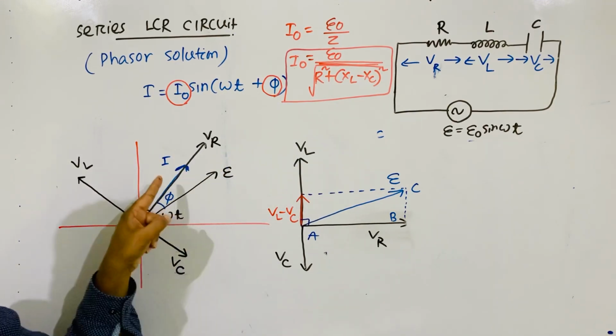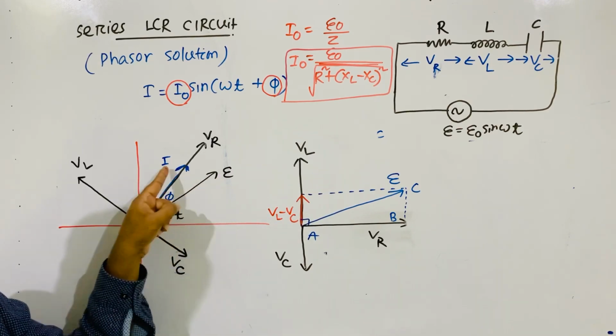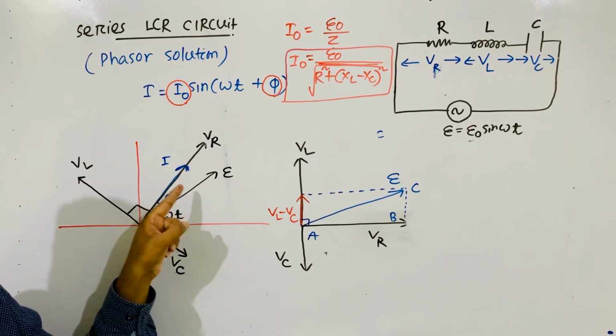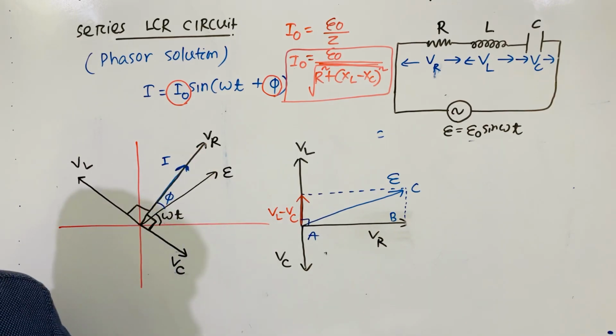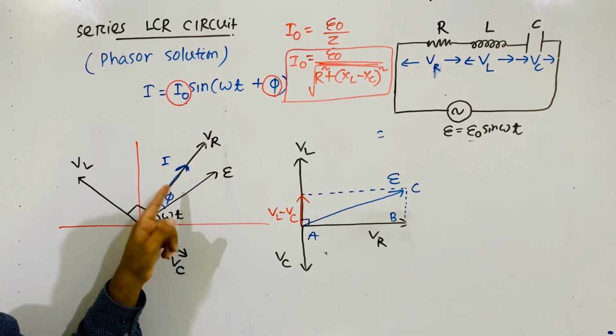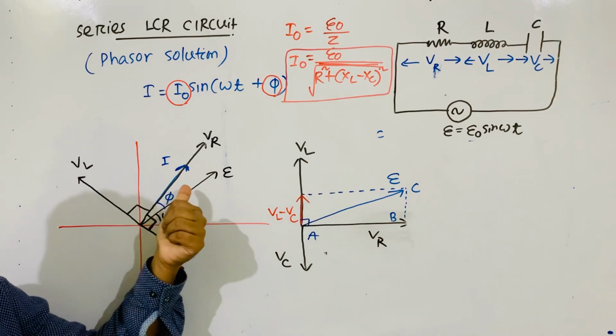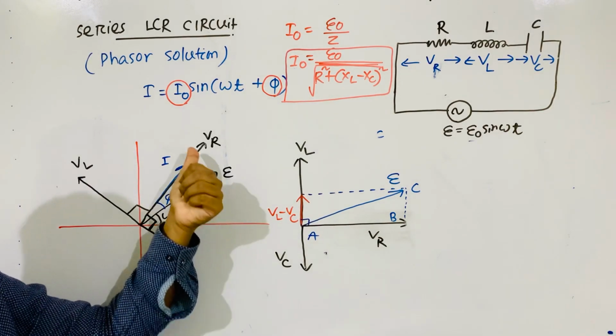Phi is the angle between voltage and current. If phi is the angle between E and I, isn't it the angle between E and here? Sir, yes. Between E and I, it's phi. Between E and here also, it's phi. That means phi is the angle between E and I, and also phi is the angle between E and here.